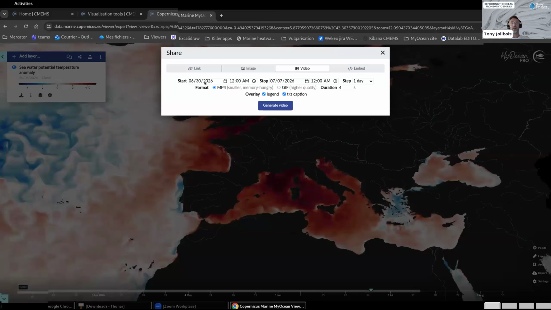So here you can select start and end date for your animation, and the quality, and GIF. So maybe from the 30th of June to today.